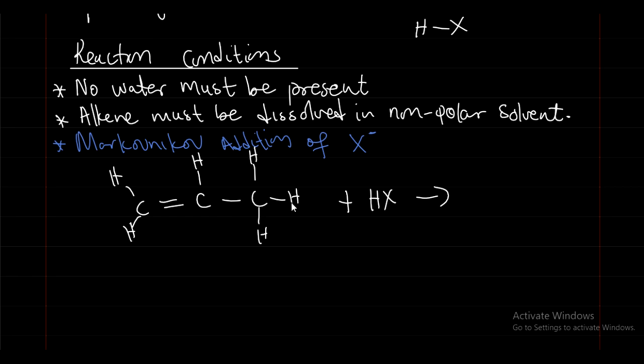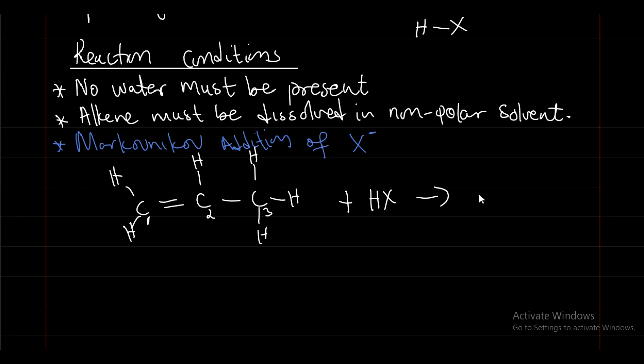Here I have two possibilities where the X can go. The X can go here at 1, or it can go at number 2. Which one is the best position for our X? So now there's a possibility of two products.